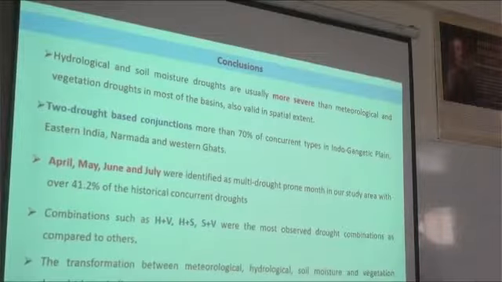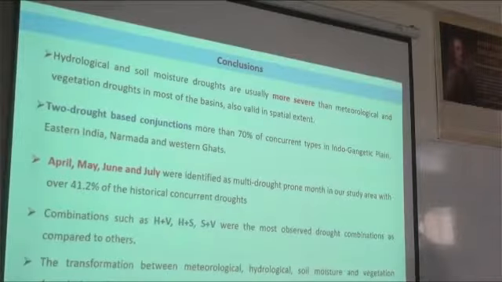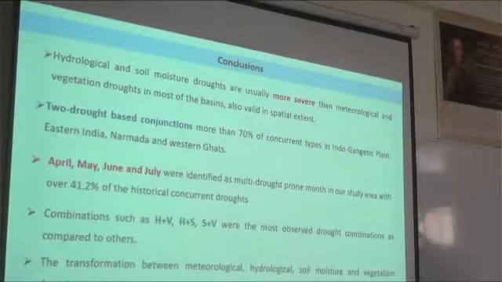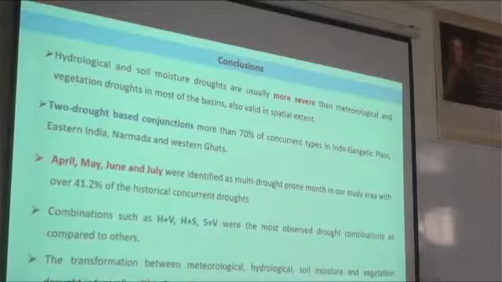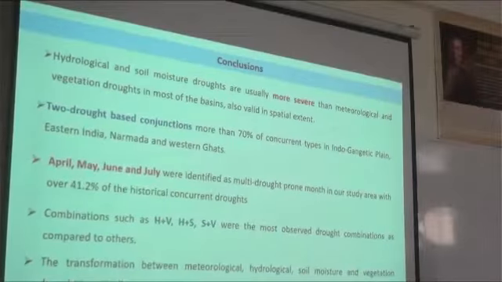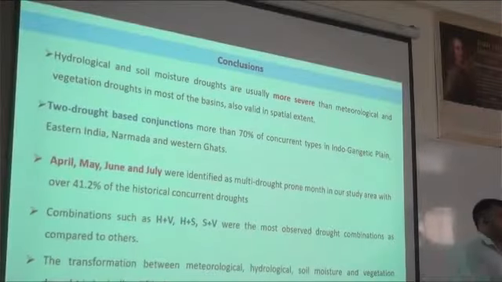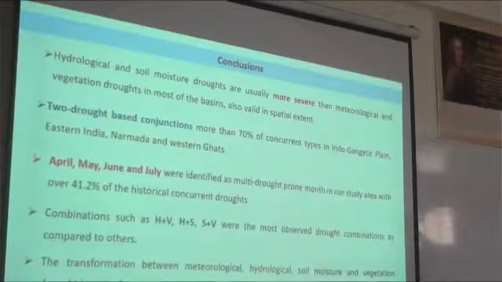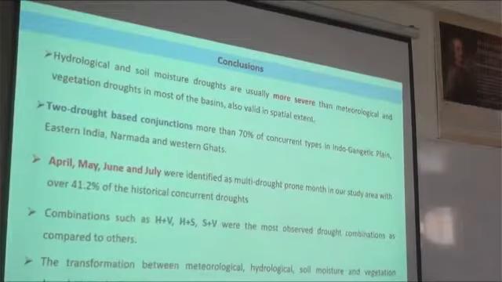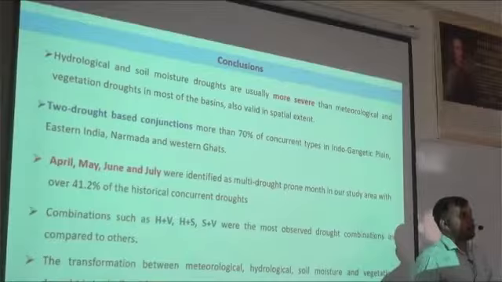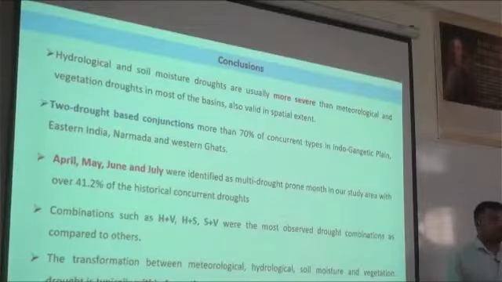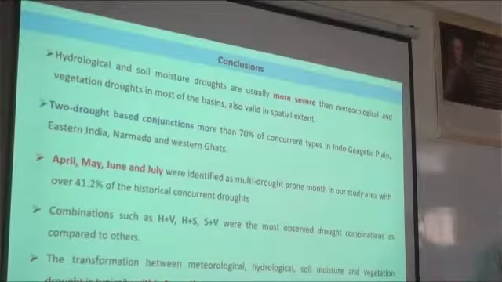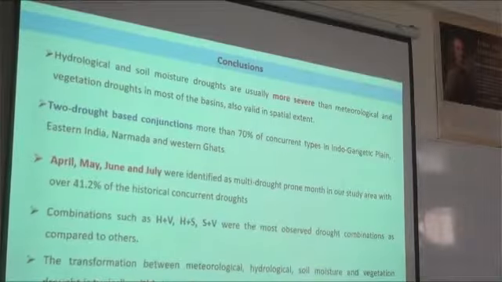For example, if you are calculating the drought duration and severity, you can find out the joint distribution or joint probability of duration plus severity. If duration is less, severity is high, what will be the case? If severity is less, duration will be more, what will be the case? If both are very high, then what will be the case? So this probability distribution we must know. So initially we can go for univariate, then we have to go for multivariate.